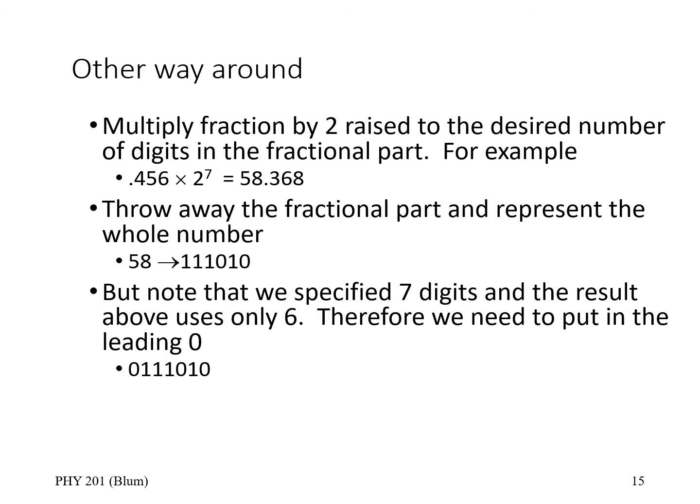We're just going to take the whole number, so 58, and then we're going to represent that in binary. We see that that uses up 6 bits, but we were looking for 7, so we realize we need a leading 0. And again, this makes sense because the fraction was less than a half, so we're expecting the first bit after the dot to be the halves place, and 0.456 is less than a half, so we're expecting a 0 in the halves place.